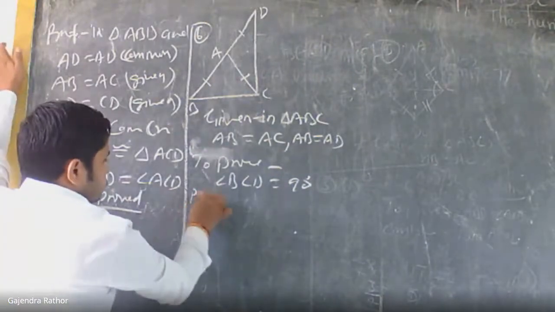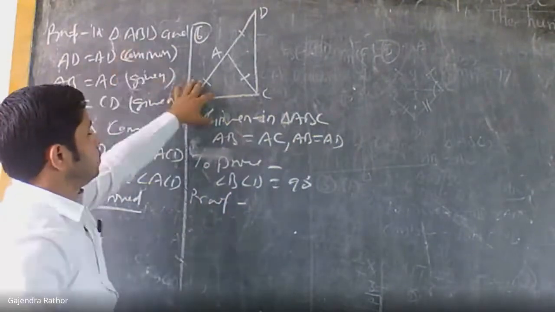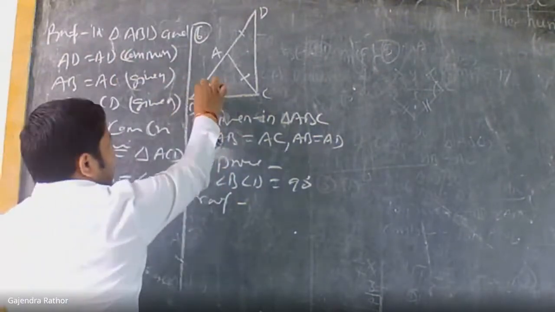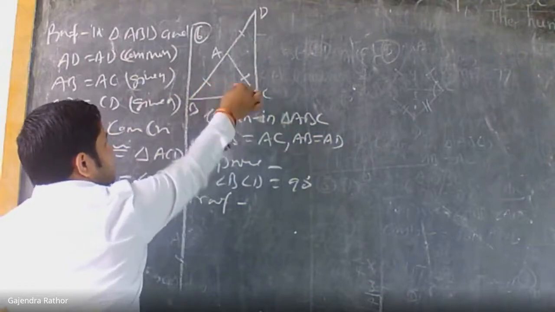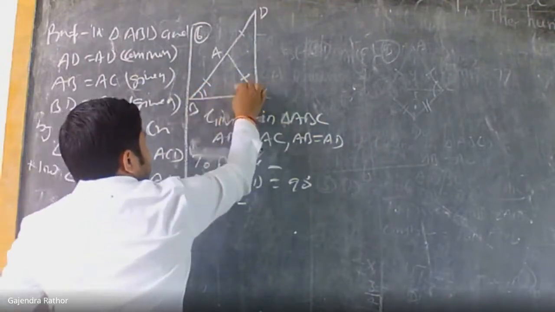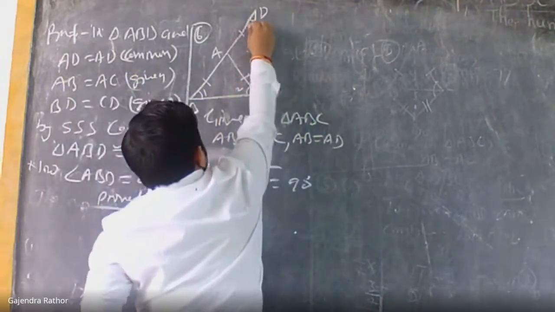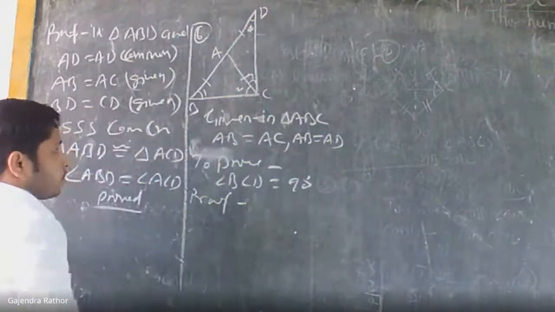Now proof. First mark and give the angles, and there are four angles. This is 1, this is 2, this is 3, and this is 4.